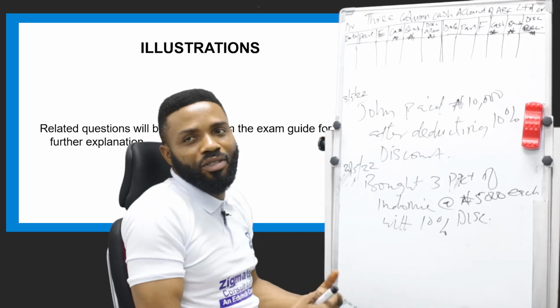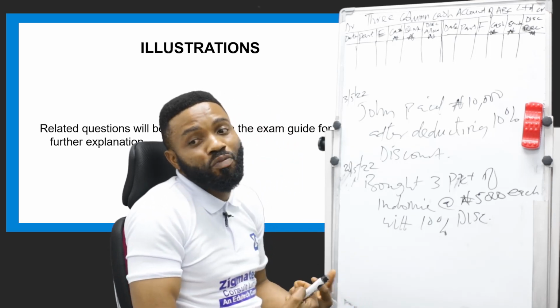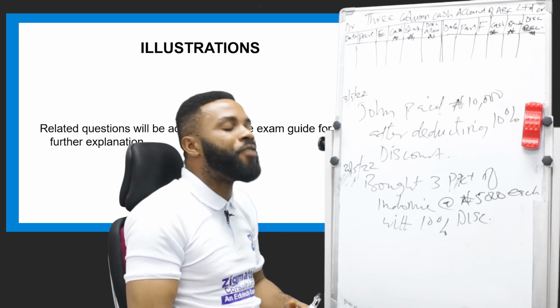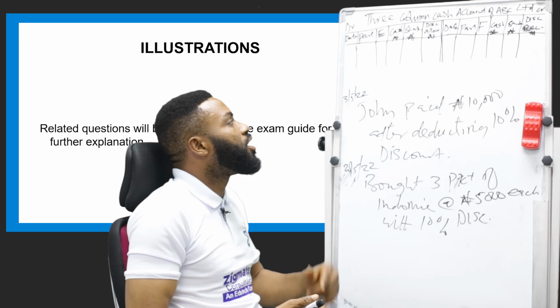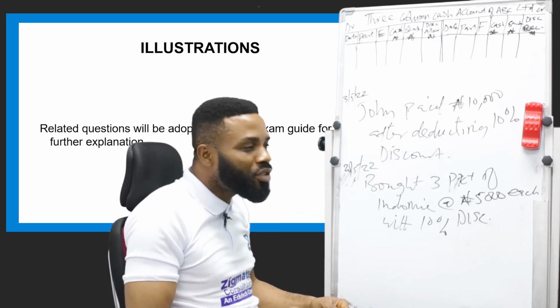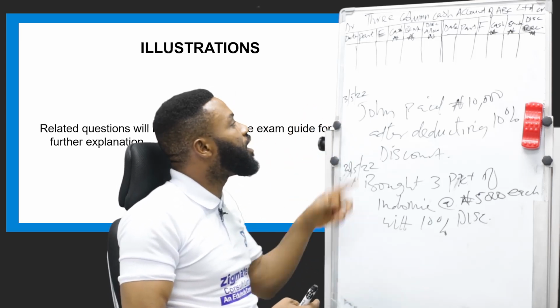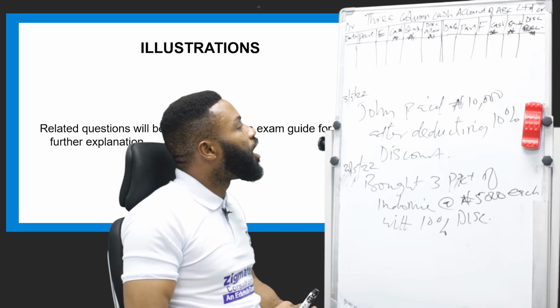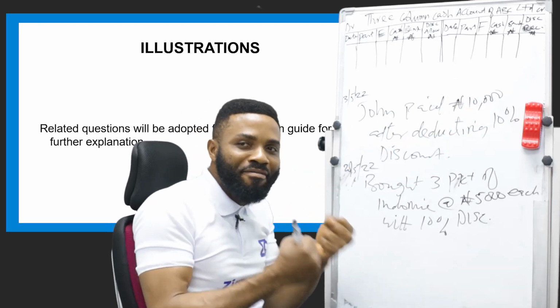Pay us our 10,000. John says things are not really easy, I wish I could make this payment. Okay, no problem. If you can pay us on the 3rd of May 2022, we are going to give you 10% discount. Are you serious? Yes, we are serious. Now John is very, very happy.